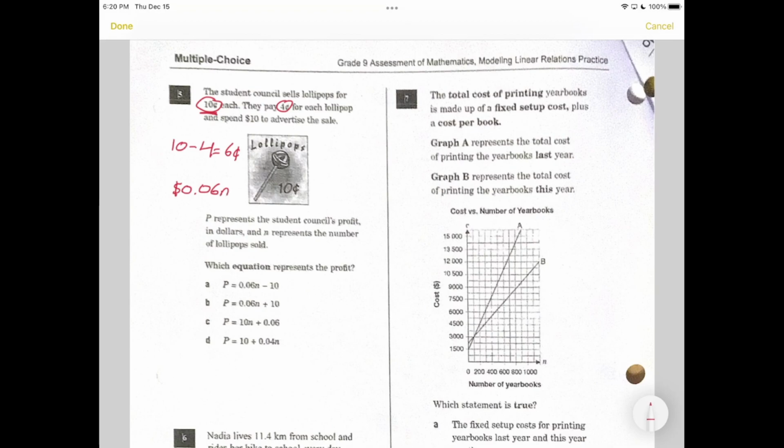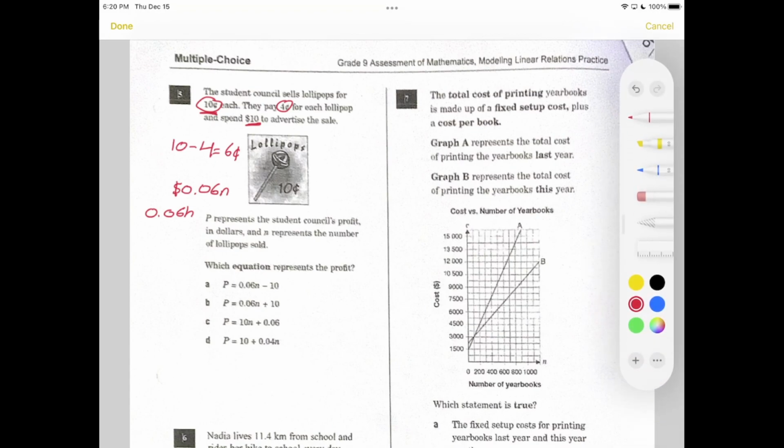So per lollipop they make 0.06, and they had to spend $10 to advertise. That means that they're using their money, they're not gaining money, right? That means that we have to subtract that much. So we know our formula will look something like this: 0.06 N, or sorry, that kind of looks more like an H. 0.06 N subtracted by $10, right?